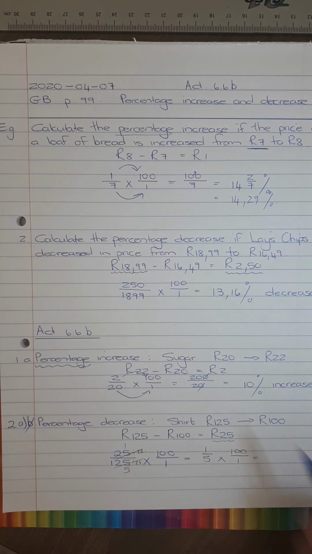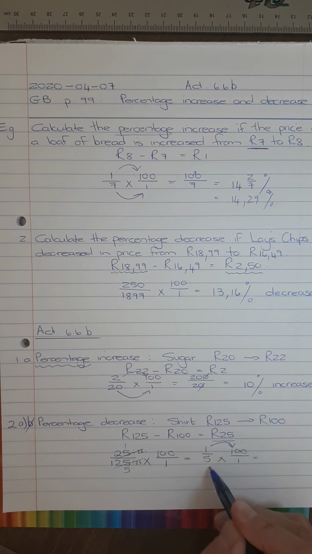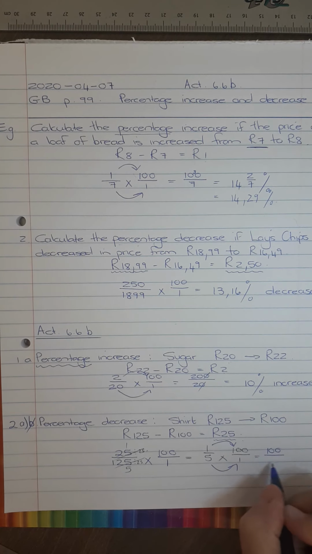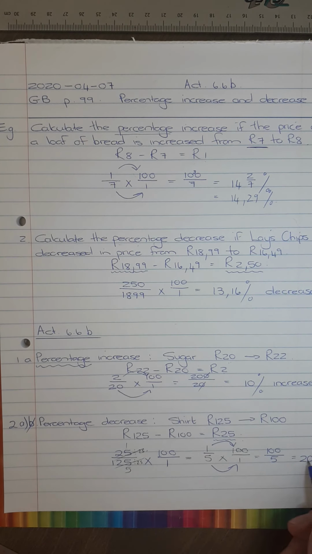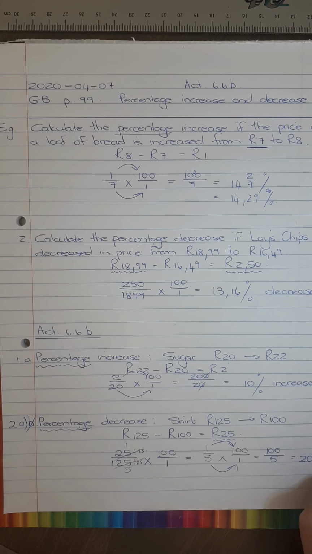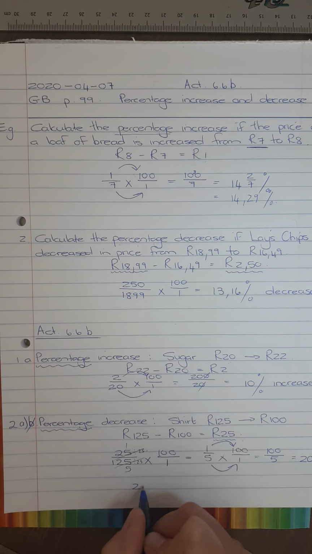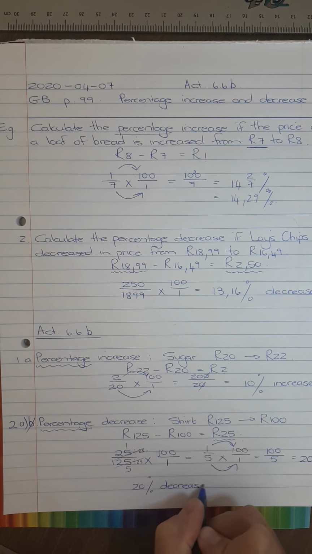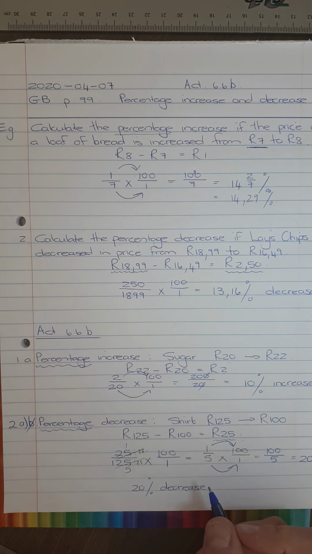Now if I finish this multiplication of the fractions, I get 1 times 100, 100 at the top, 5 times 1, 5 at the bottom. If I simplify that, I get 20. 20 what? We are working out the percentage decrease, 20%. So there was a 20% decrease in the price of the shirt.